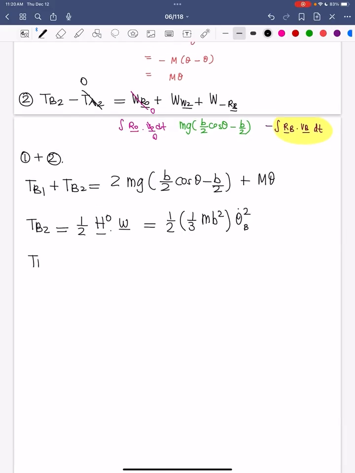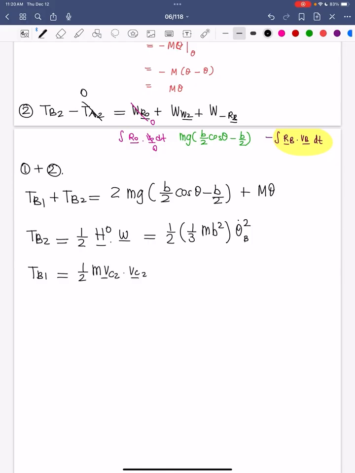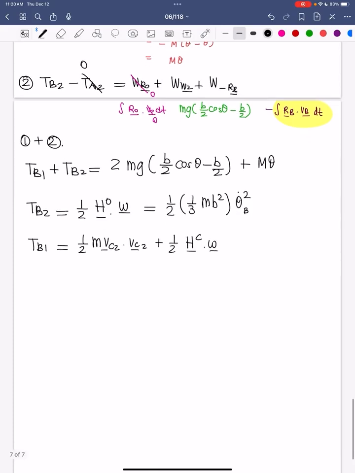Okay, now TB1 does not have a fixed point, so we're going to have to write its kinetic energy as half m vc2 dot vc2, the center of mass, plus half hc dot omega, and this hc dot omega I can write as half 1/12 mb squared theta dot b squared also.